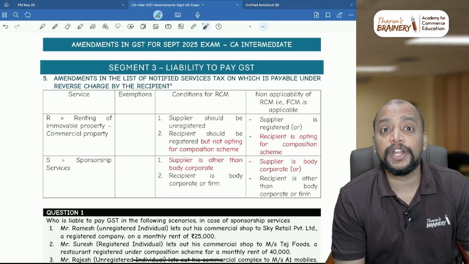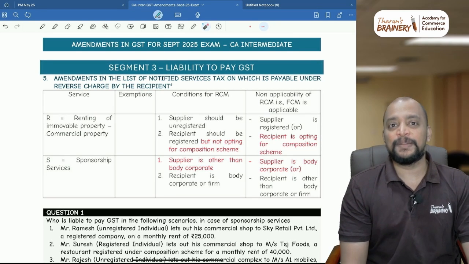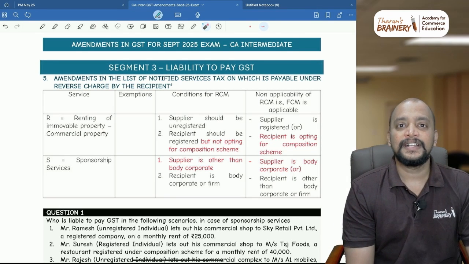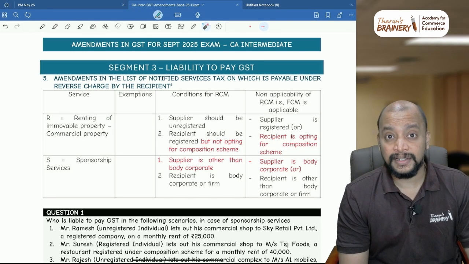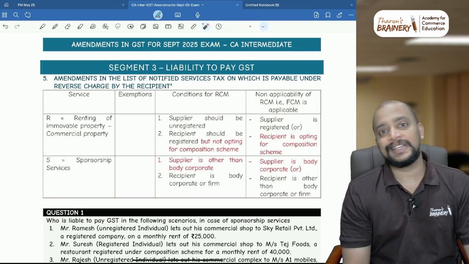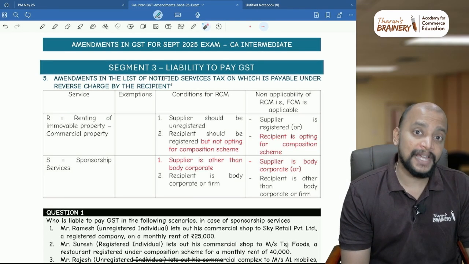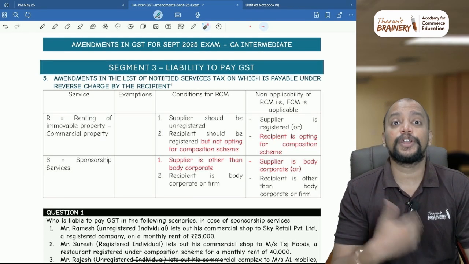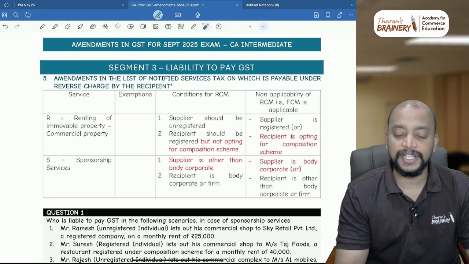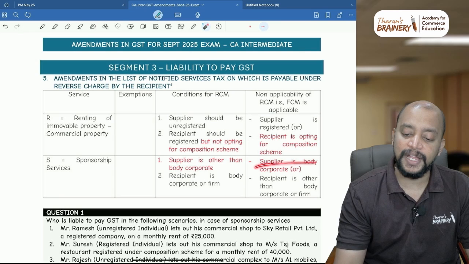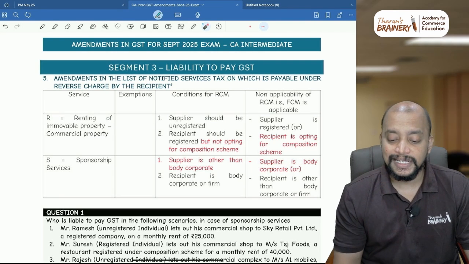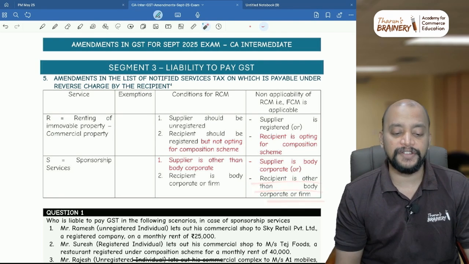What if supplier is body corporate? Supplier only will pay GST. You got it? So for example, if a company is organizing an event, the company only will pay GST. So if the supplier, that is the organizer, is other than body corporate, then only we need to check the recipient. What if supplier is body corporate? By default it will be FCM. If recipient is other than body corporate or firm, also it will be FCM.